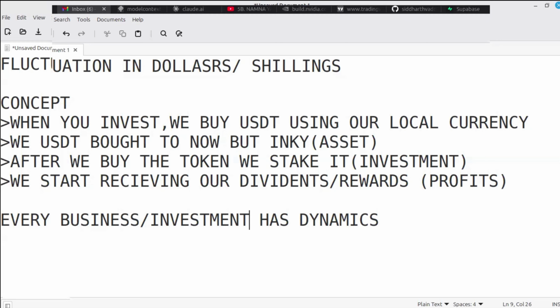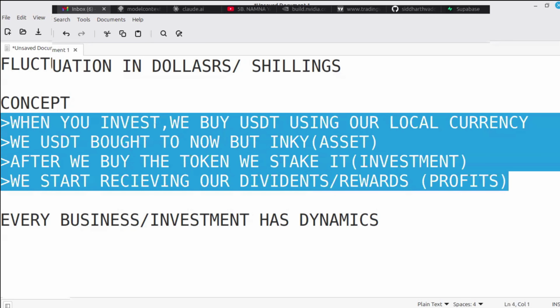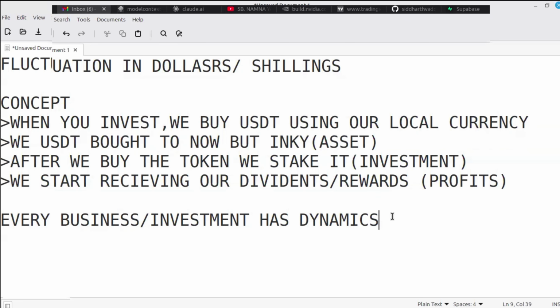Now, based on what we have seen so far, these first 4 things that we have seen, we are already introduced to some dynamics. I'm not going to speak about them now because I want to speak about all the dynamics together at the end, okay?